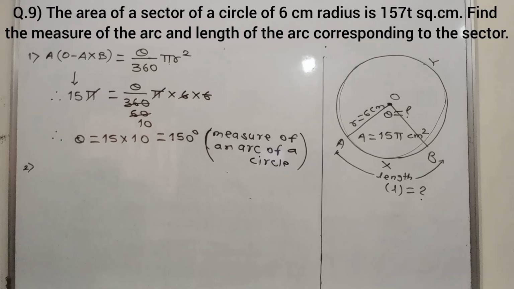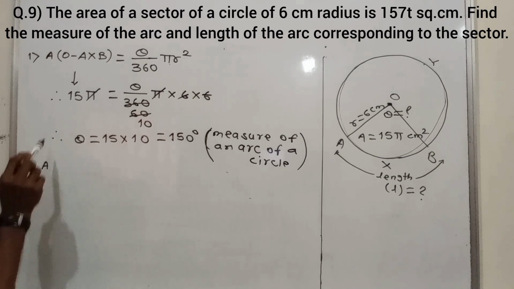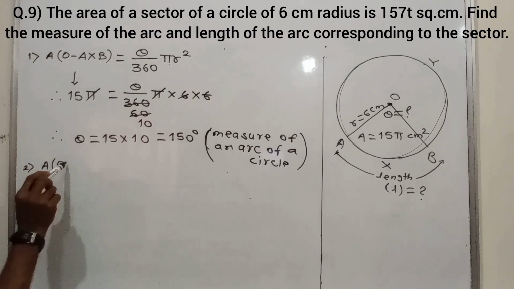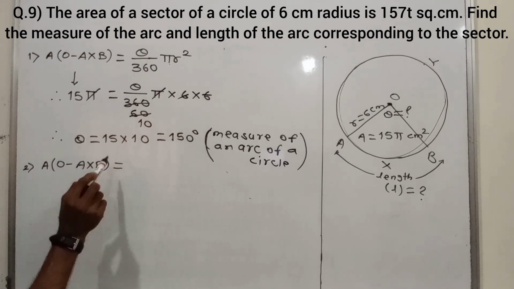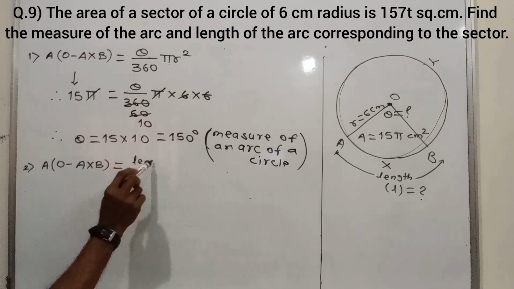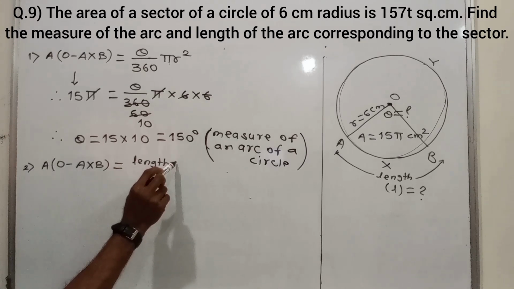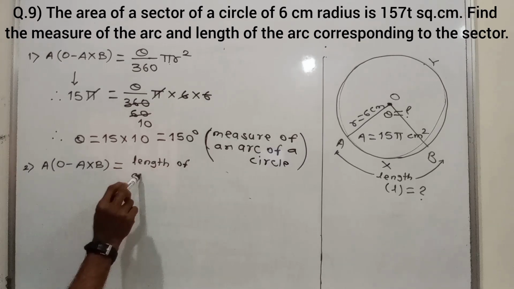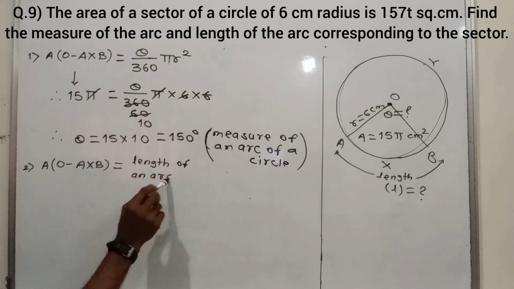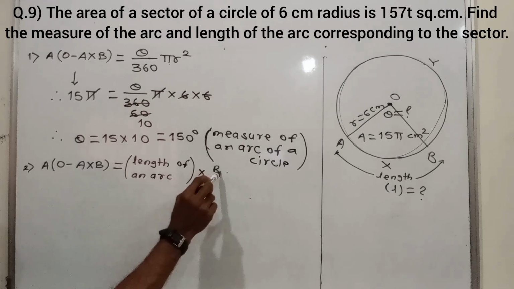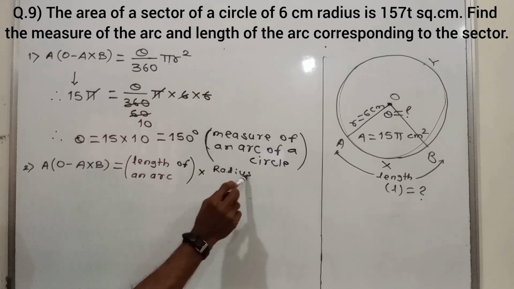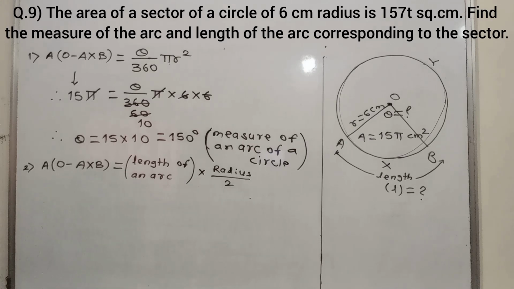Second, then find the length of the arc. Length of the arc, see this. Same, area of sector O dash AXB is equal to length of an arc into radius upon 2.